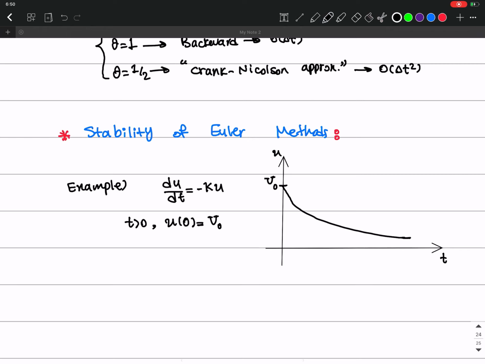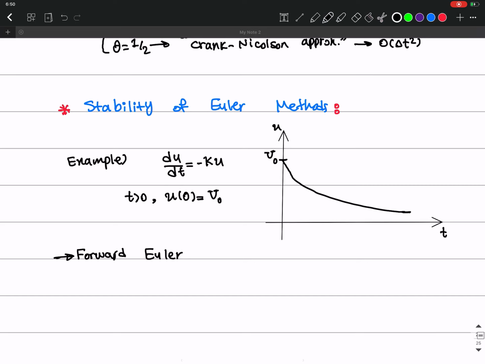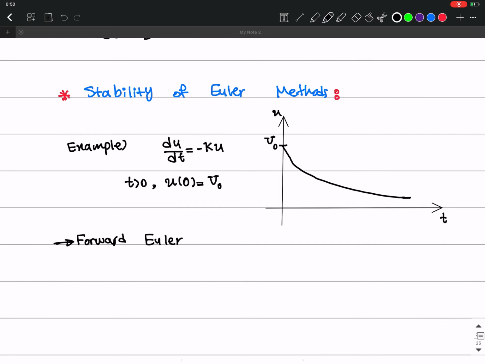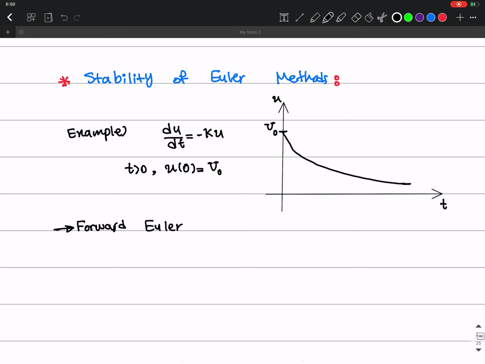Okay, so first I want to solve it with the forward Euler method. Let's see what would be the stability of this method. So for forward Euler, we have to evaluate du over dt plus kappa u at tn equals 0.